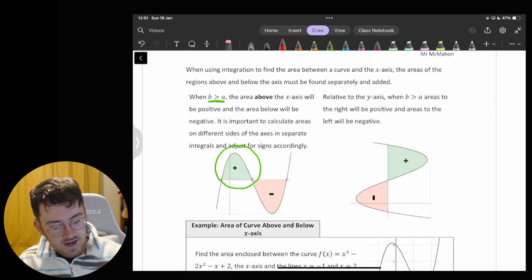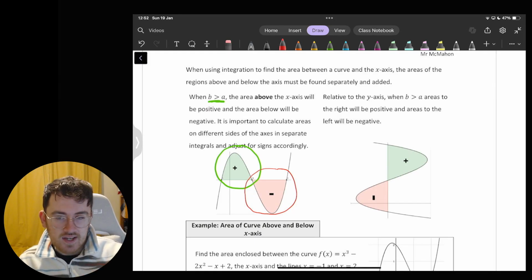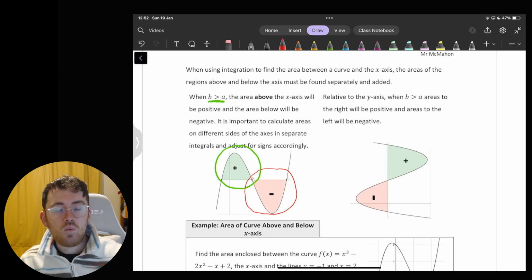If the area or the region that I'm looking at is below the axis, then the result that I will get from my calculation will be negative. What is important though is to note that the area will have to be positive. So we will have to take an absolute value of that, or make it positive, when we're looking at areas below the axis.